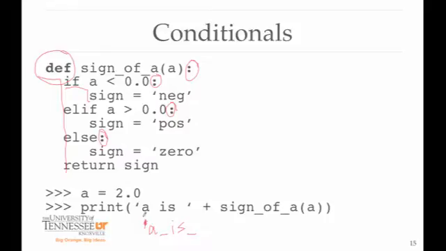Then we concatenate whatever that function returns. It makes sense to the interpreter because that function is returning a string. So as long as it returns a string, it knows how to interpret the plus. And of course, for this particular example, it's going to return what? Well, if you go through the logic, it's definitely going to return pos. So this little example will return 'a is pos', which would stand for positive.